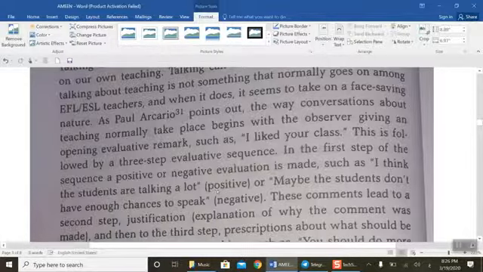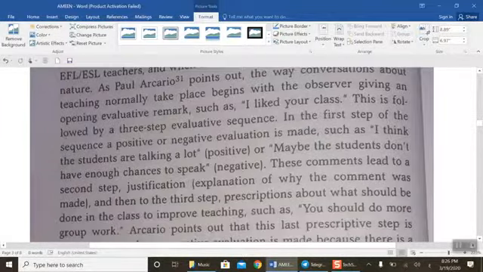This is something positive. Or I can give him a negative one, for example: your students do not speak English, they always speak Arabic, maybe the students do not have enough chances to speak. Negative.